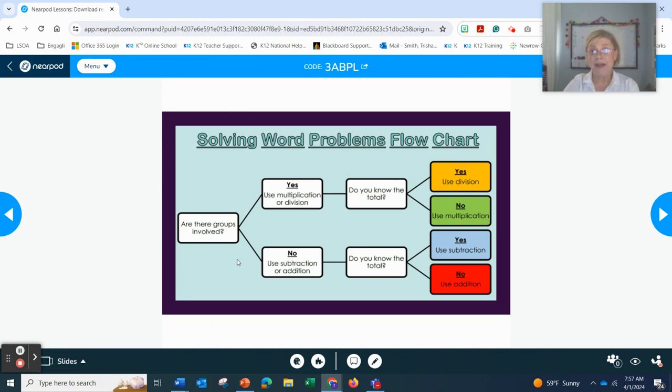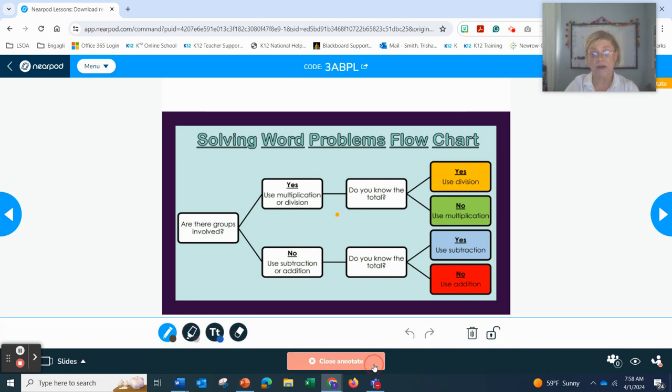So when we are talking about solving math word problems, there is a math flow chart. We talked about this before. And some of y'all are like, I don't like using the math flow chart. I don't like using cubes. I just like doing my math. And that's totally fine. If you like just looking at it and it clicks, then that works for you.